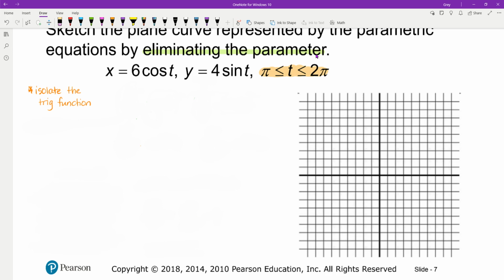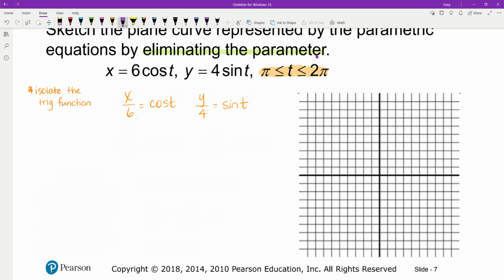So when I have x equals 6 times the cosine of t, I'm going to divide both sides by 6. So that's going to give me x over 6 equals cosine of t. And then I'm going to go to the y equation, and I'm going to divide both sides by 4. So y over 4 equals the sine of t.